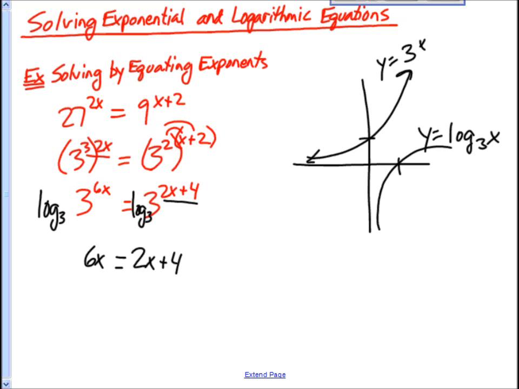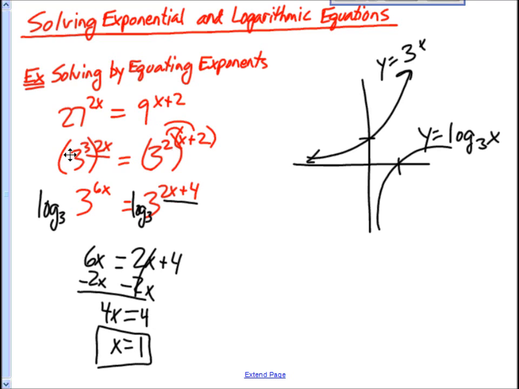And now you can just solve that as you would any old regular equation. 4x equals 4, so x equals 1. Plug it back in, check it, you're okay. Make sure you check for extraneous solutions here.